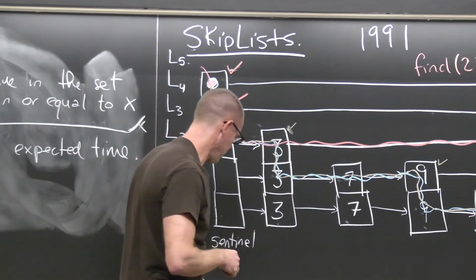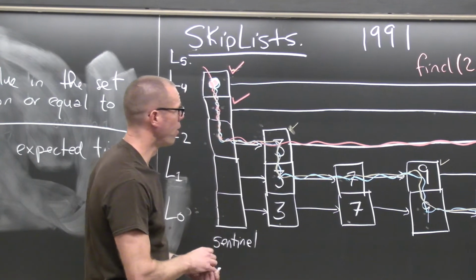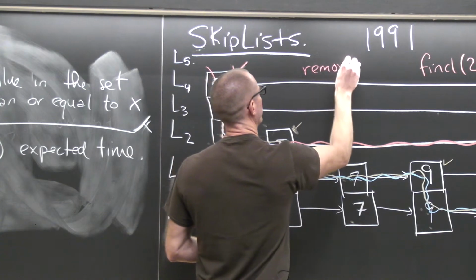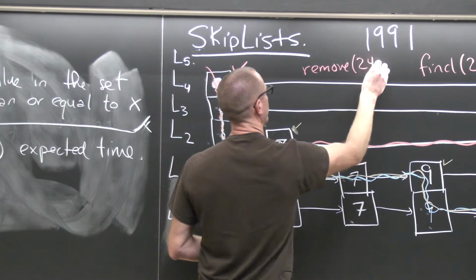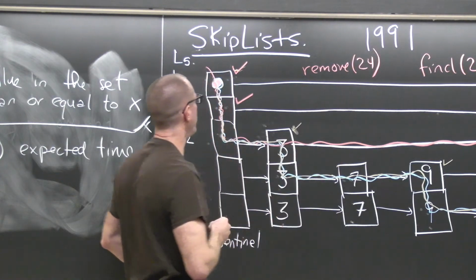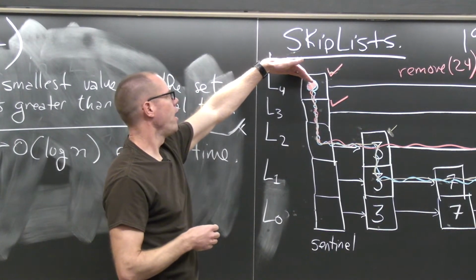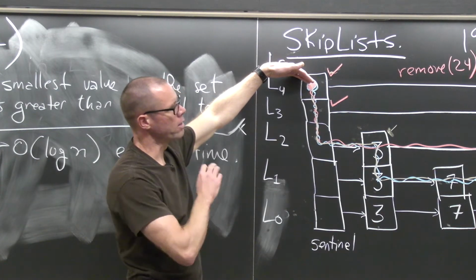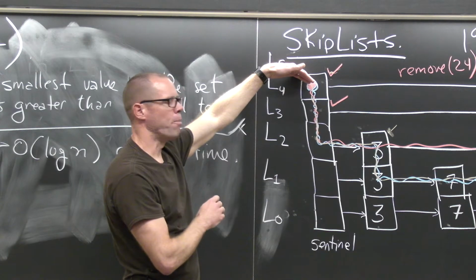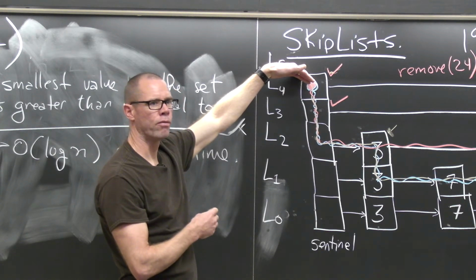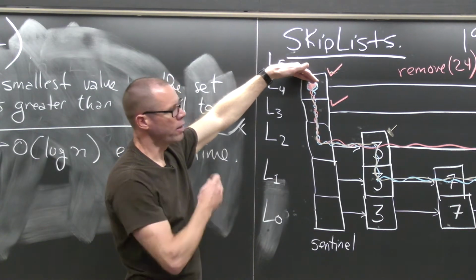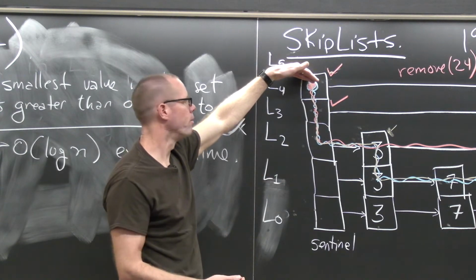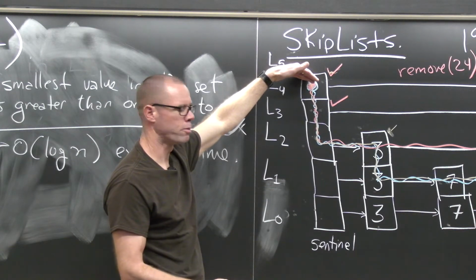So to delete something, if I want to, for example, remove 24, I just follow the search path, and when you go down in the search path, it's because something to the right is bigger than or equal to the thing you're looking for. So at this point, the thing to the right is equal to the thing I'm looking for, and that's my clue that I should just remove it at this point.